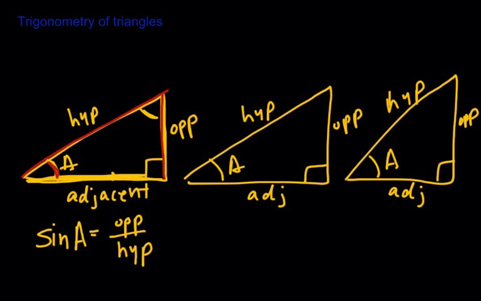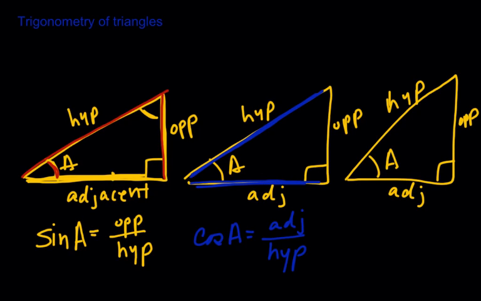The next one is the cosine of A, and that equals the adjacent side over the hypotenuse. That would mean you take this side, the adjacent side, divided by the hypotenuse, and you take the inverse cosine, and then you would have angle A that way. That's another way to figure out angle A, depending on which sides you have.